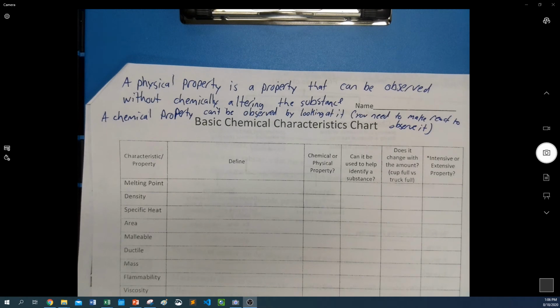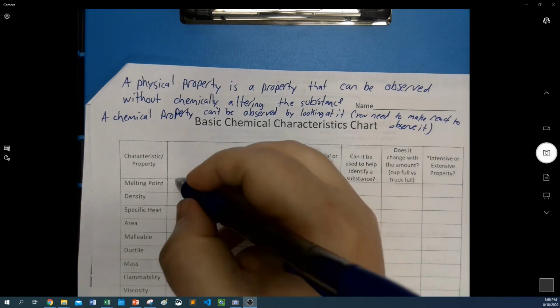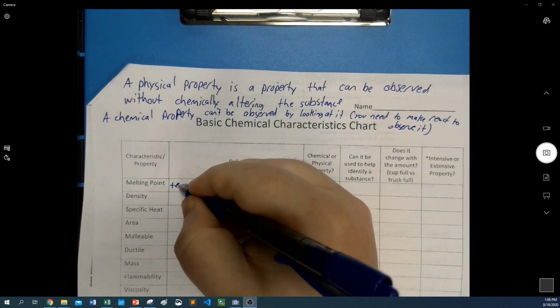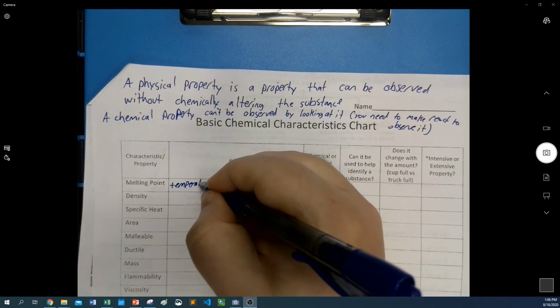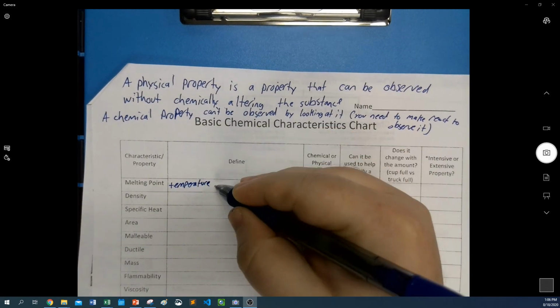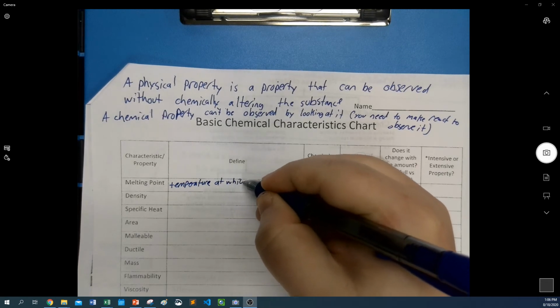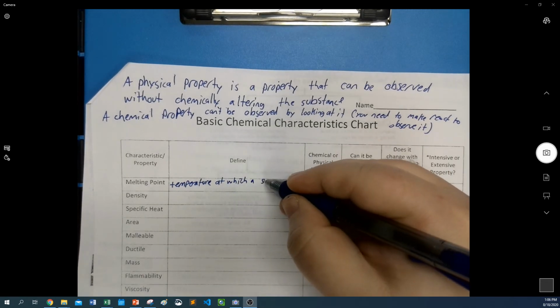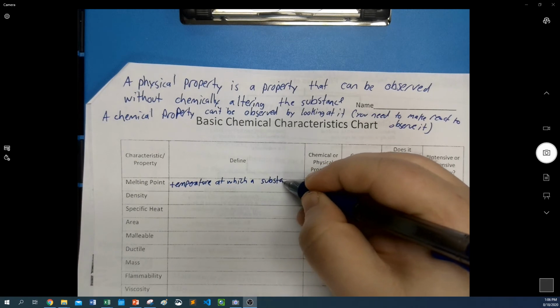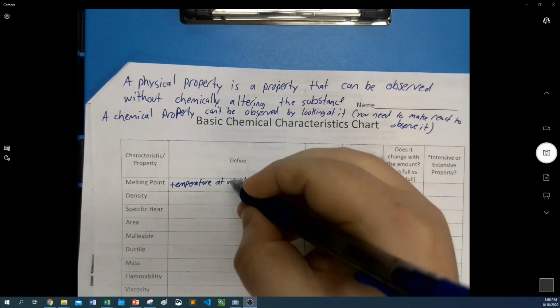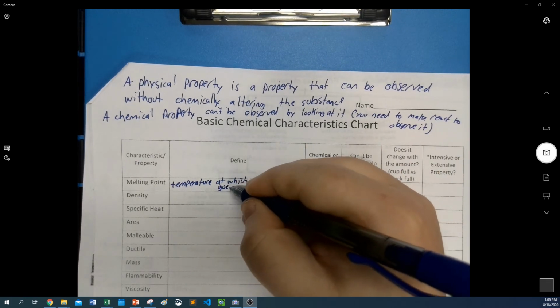So, melting point. Melting point is the temperature at which a substance goes from solid to liquid.